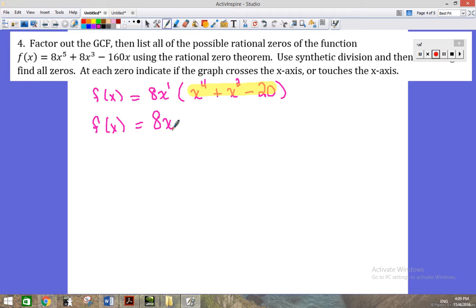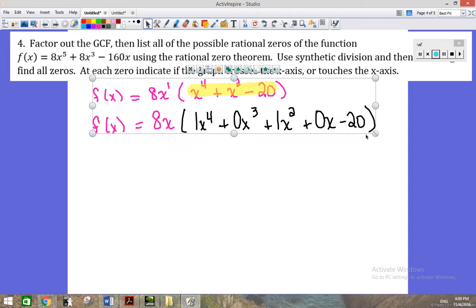I know that this graph is passing through the origin because I have a factor of x here. I'm going to rewrite this: 1x to the fourth, 0x cubed, 1x squared, 0x, minus 20.